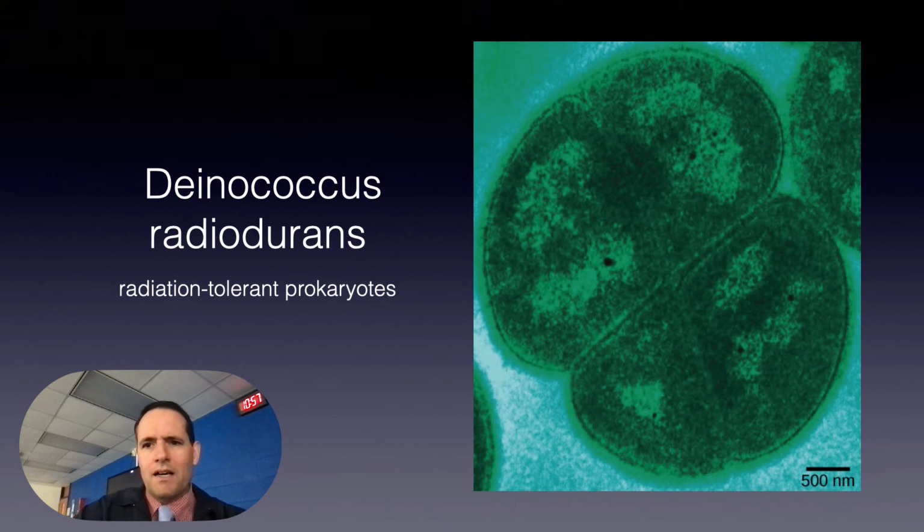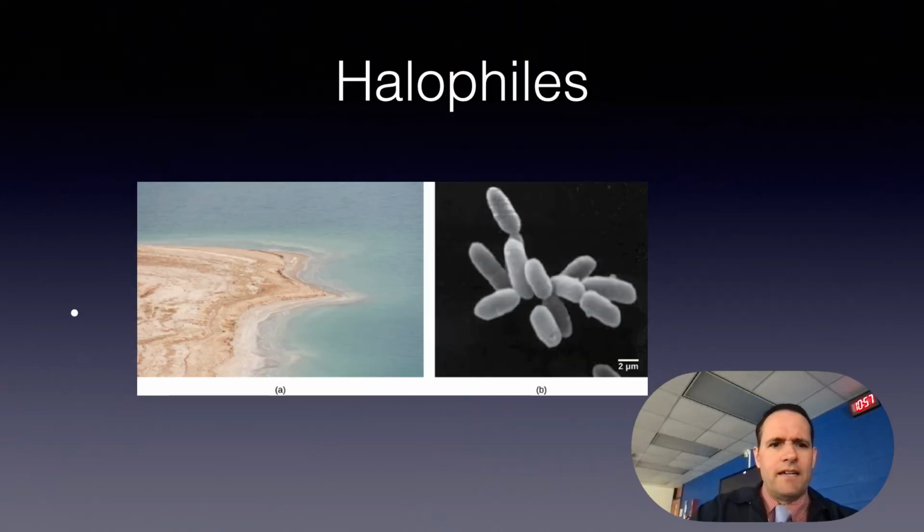Okay, again, these are extremophiles. Halophiles, here it is. One example of a very harsh environment is the Dead Sea. It's a hypersaline basin located between Jordan and Israel. Hypersaline environments are essentially concentrated seawater.